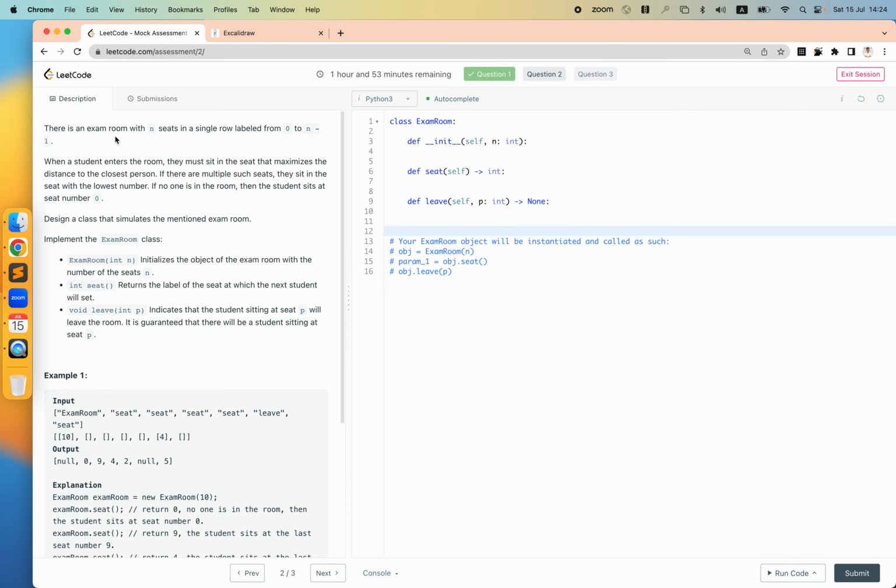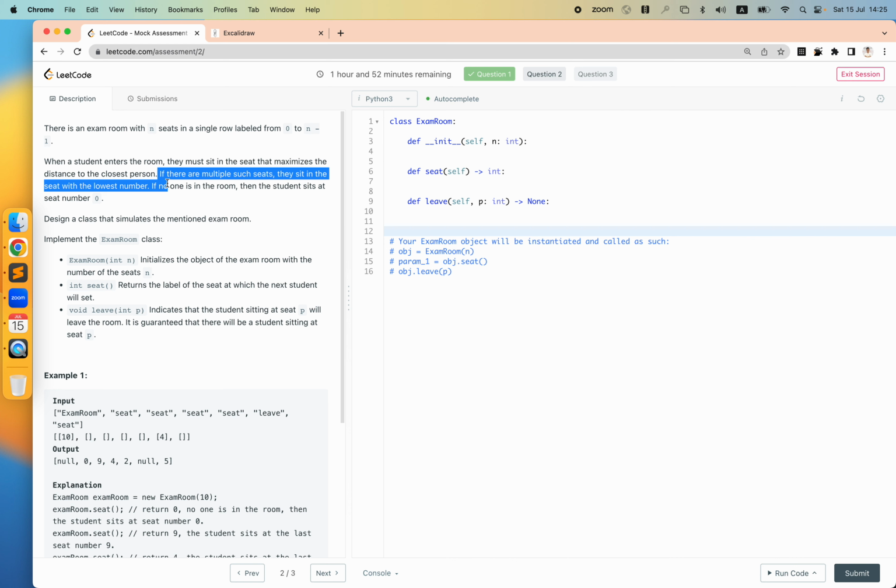There is an exam room with n seats in a single row, labeled from 0 to n-1. When a student enters the room, they must sit in the seat that maximizes the distance to the closest person.